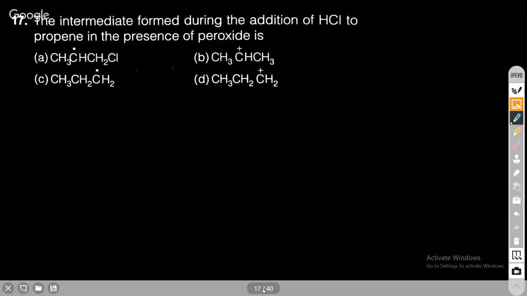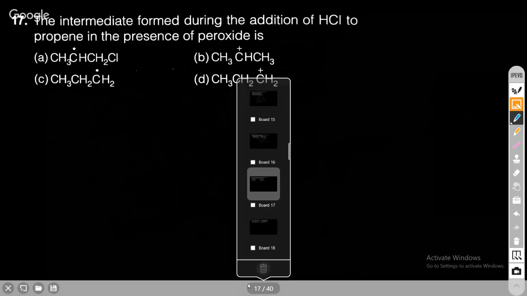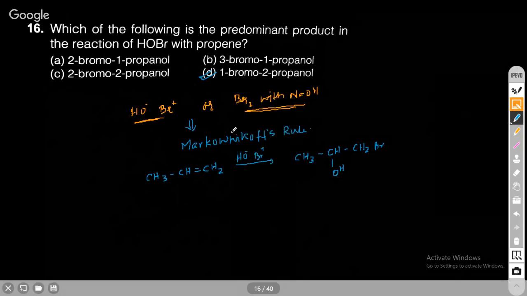See what happens. Here you see we have bromine, right? Br2. So this will dissociate, like one of the bromine will take the electrons. Here we have heterolytic cleavage. So we'll get Br plus, and one of the bromine atoms will have two electrons and a negative charge on it.